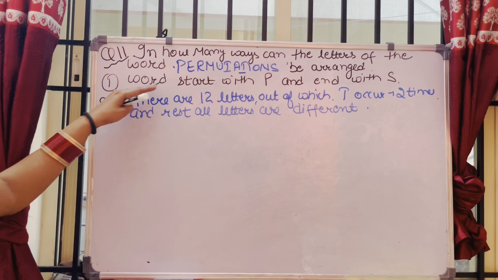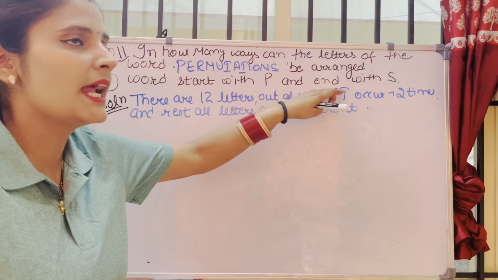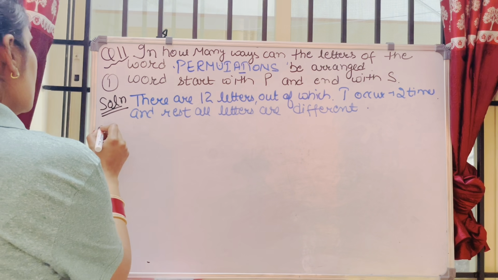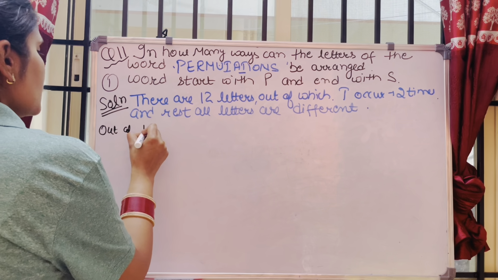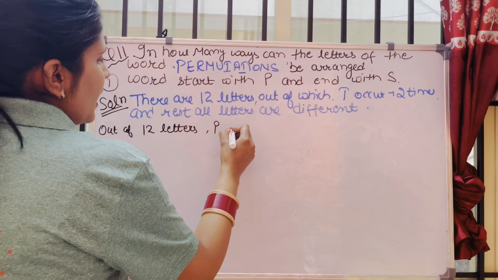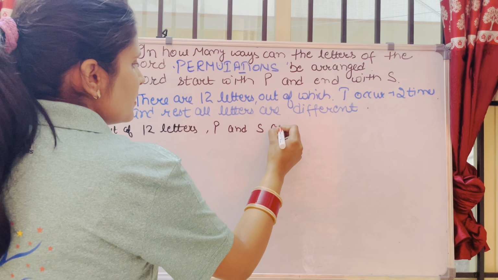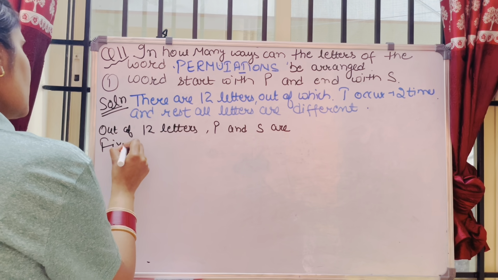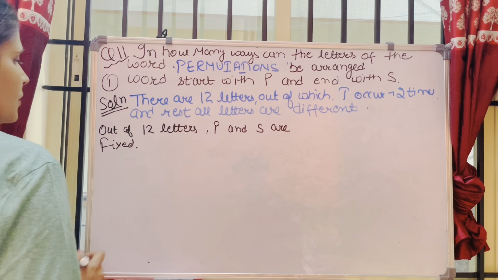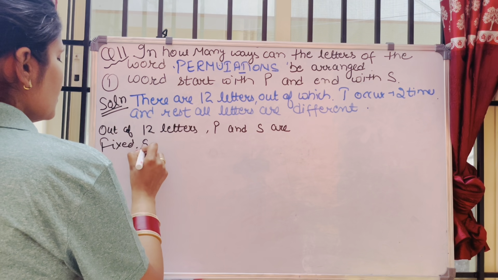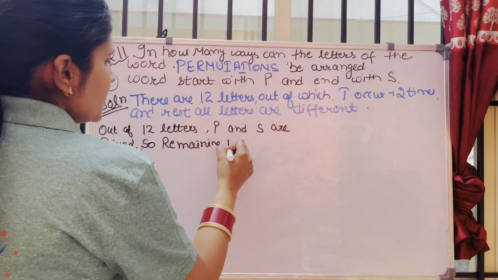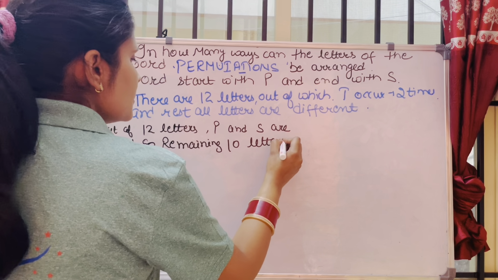Now, the first condition is the word starts with P and ends with S. So out of 12 letters, P and S are fixed: P at the first position, S at the end position. Therefore the remaining 10 letters are left.